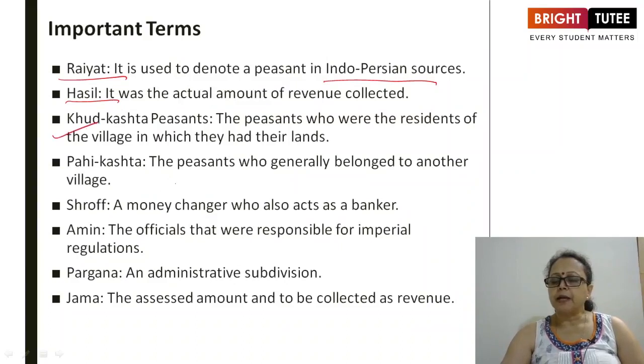Pahi Kasta, the peasants who generally belong to another village. Shroff, a money changer who also acts as a banker. Amin, the officials responsible for imperial regulations. Pargana, an administrative subdivision. Jama, the assessed amount to be collected as revenue.